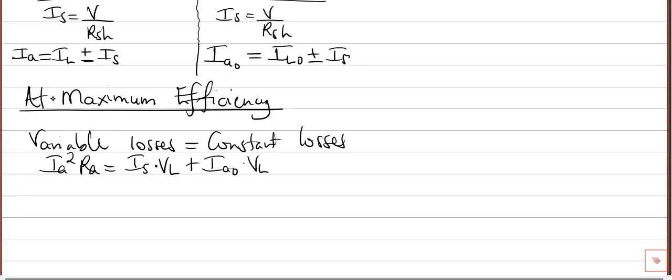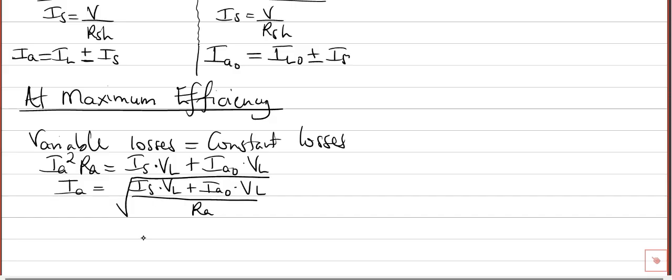Typically when they give us this condition at maximum, the intention for most, if not all calculations, is that the first step is for you to calculate armature current, IA. Making IA the subject, IA would be the square root of I shunt times VL plus IAO times VL, all over RA, the square root of everything we have there.